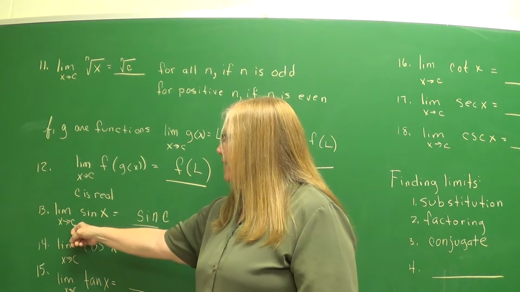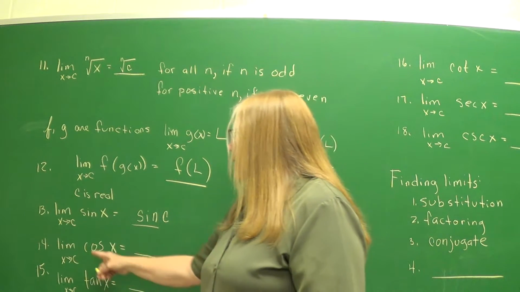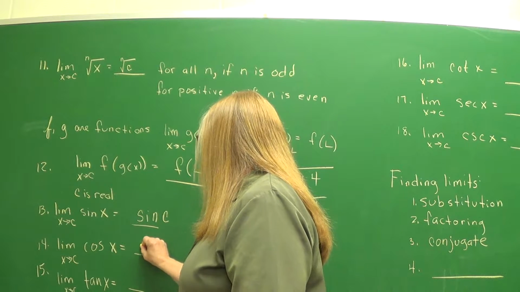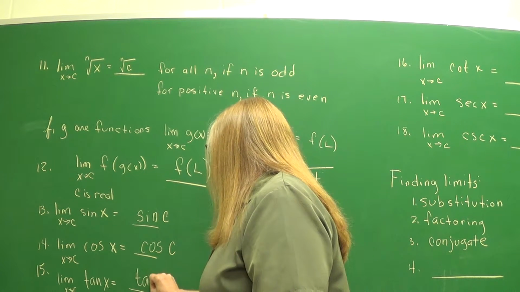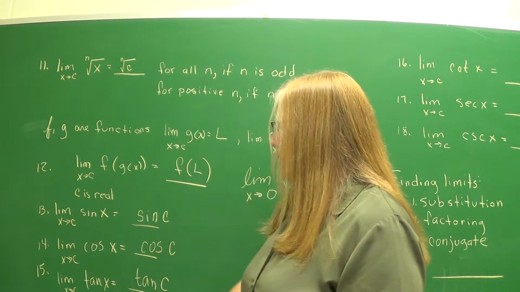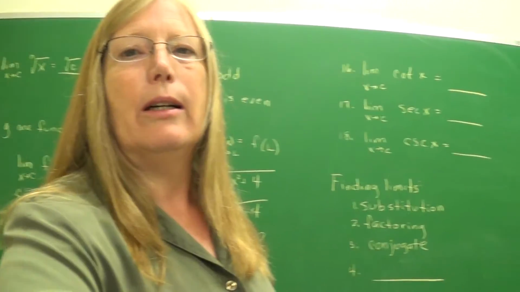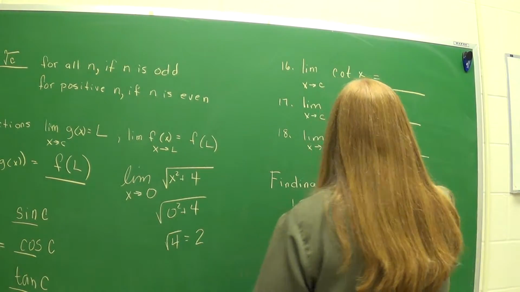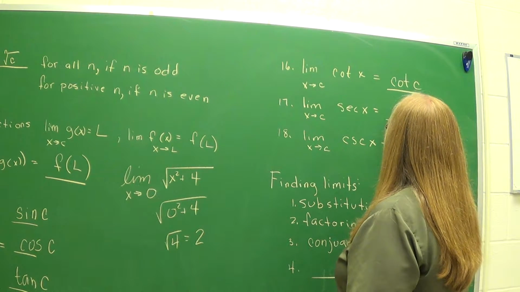Remember, we're approaching c and we're approaching sine c. The limit as x approaches c of cosine of x is cosine c. Tangent c for the limit as x approaches c of the tangent. Let me scoot the view over here. And here, we're going to get cotangent, secant and cosecant similarly, and I'll get out of your way.